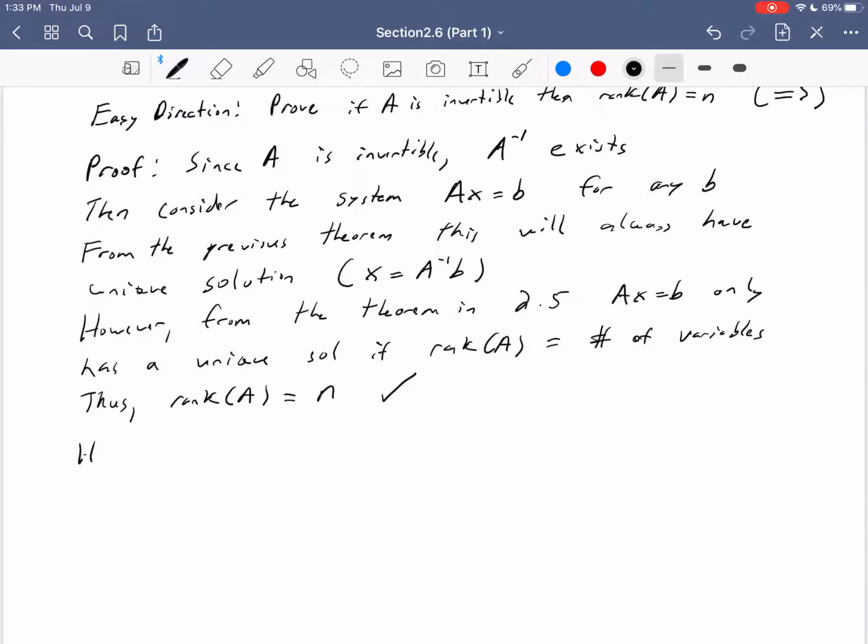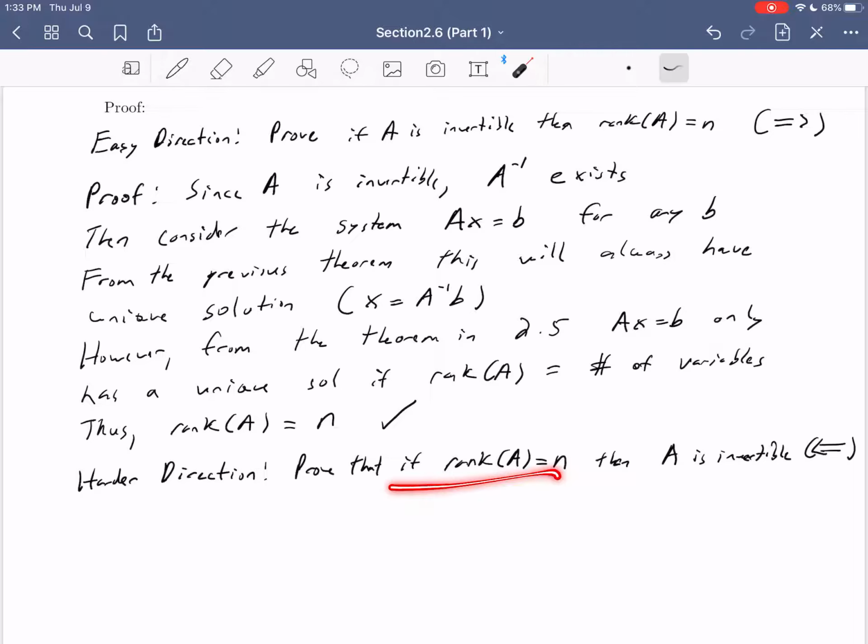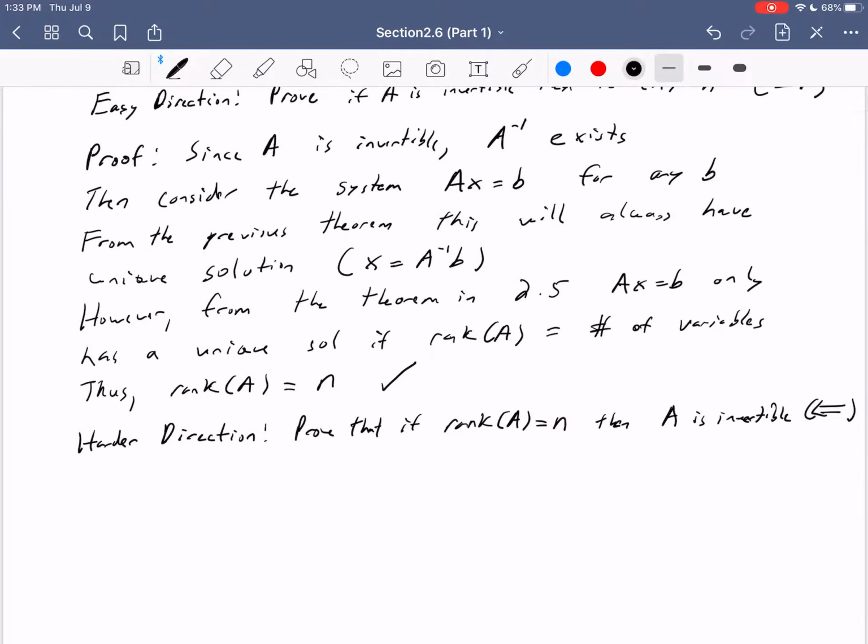Now we have to do the harder direction. For the harder direction, what we need to prove is that if rank of A equals n, then A is invertible. So in other words, we need to show the backwards direction. So we're going to get to assume that the rank of A is equal to n, and we're going to need to show that A is invertible.